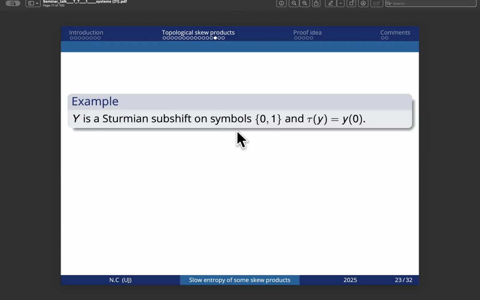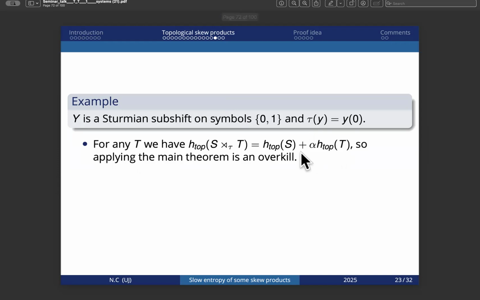So one subcase of that case is this one. We can take, for instance, a Sturmian subshift on symbols 0 and 1 with the cocycle being the 0 coordinate. And in this case, if you look at these skew products and you compute the entropy of the skew product, it will be equal to the entropy of your subshift, which is 0, plus a constant multiplied by the entropy of the fiber system.